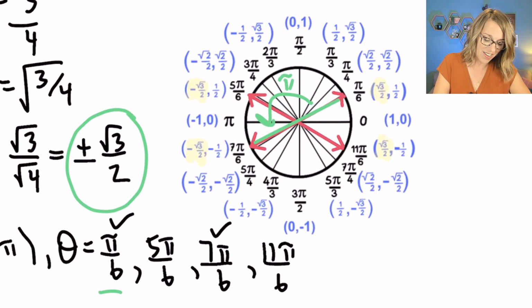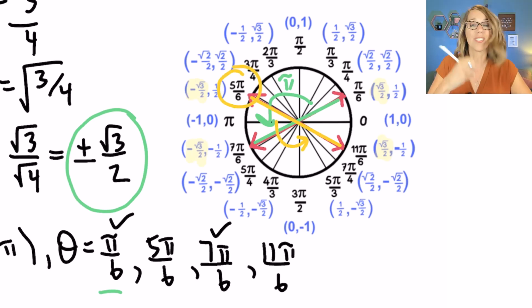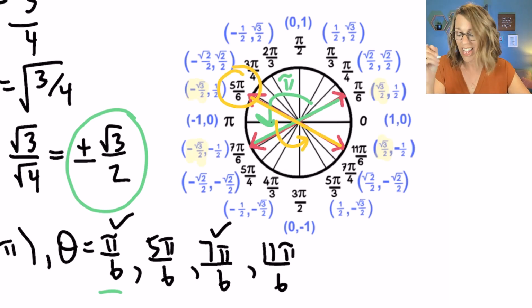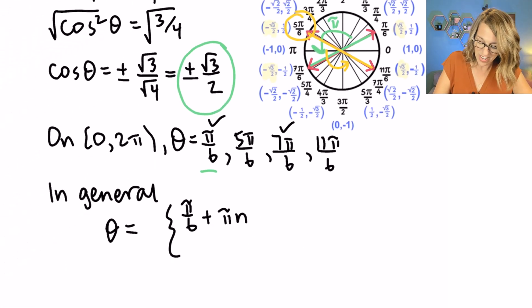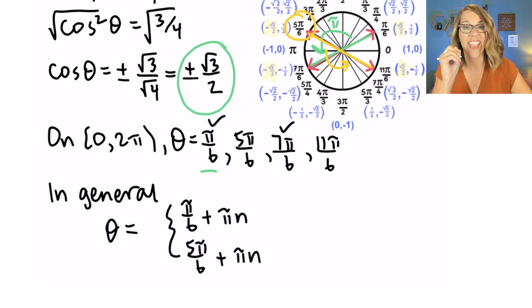Now to take care of the other two, they are right here. I can start with 5 pi sixths and add or subtract multiples of pi to get to that other landing place at 11 pi sixths. This is going to get me all of those infinitely many solutions. So that second group starts with 5 pi sixths, and it's going to add multiples of pi n.